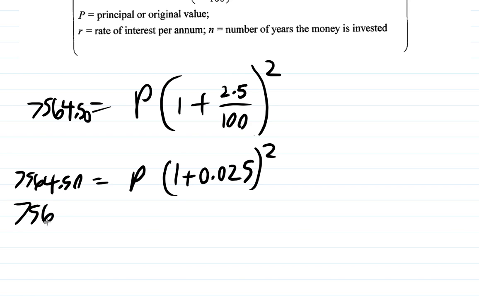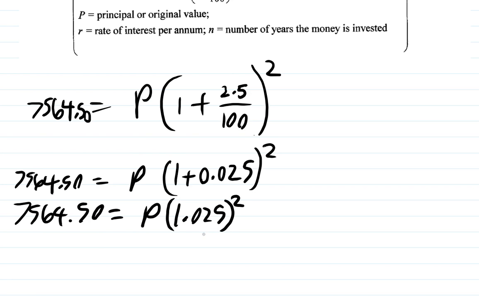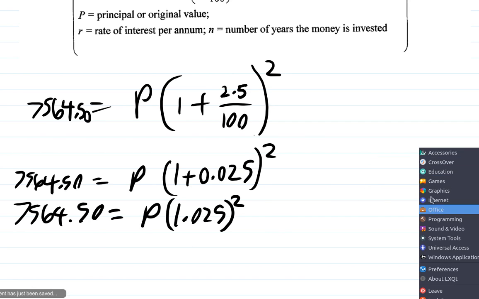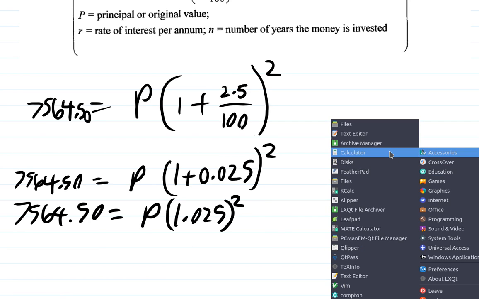So $7564.50 equals the principal times 1.025 squared. Now, let's use a calculator and deal with this one.